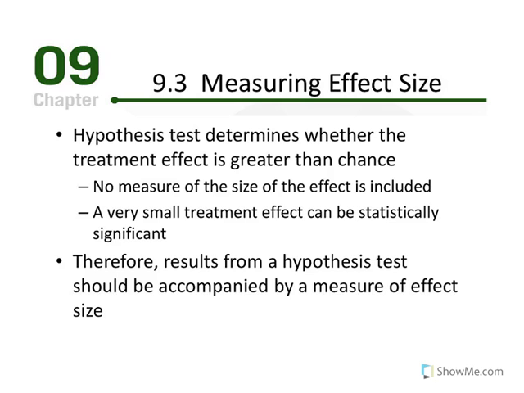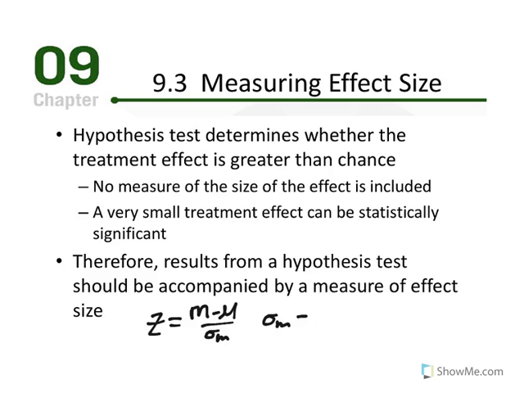So in particular, it is possible for a very small treatment effect to be statistically significant, especially when the sample size is very large. So again, as a quick review, when we calculate our z statistic, we take our sample mean minus mu divided by our actual standard error of the mean.